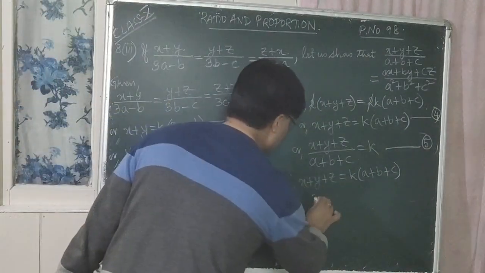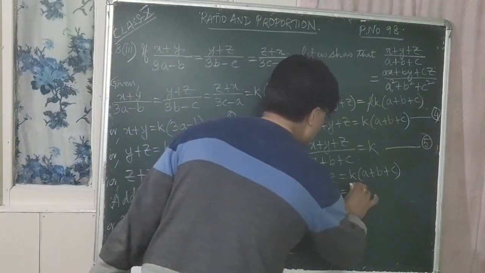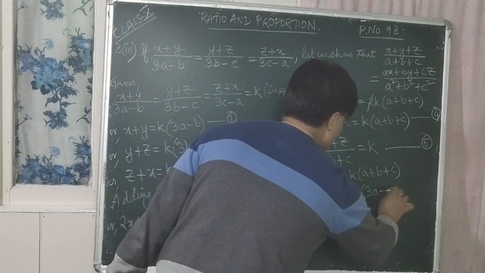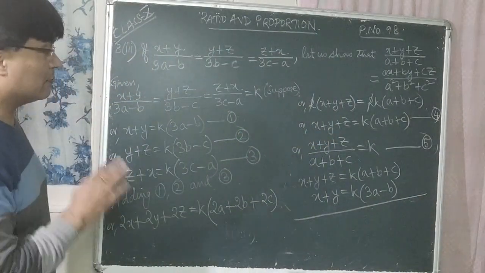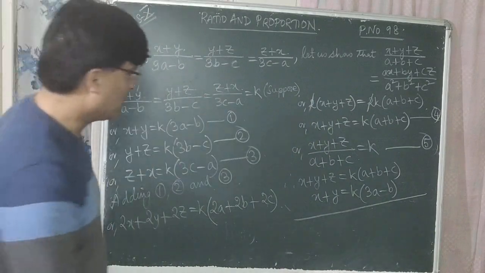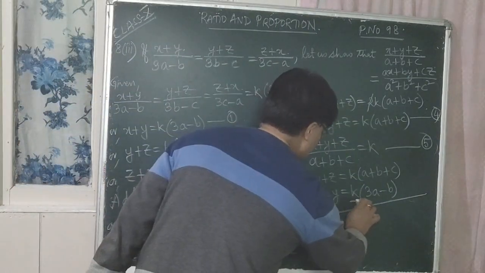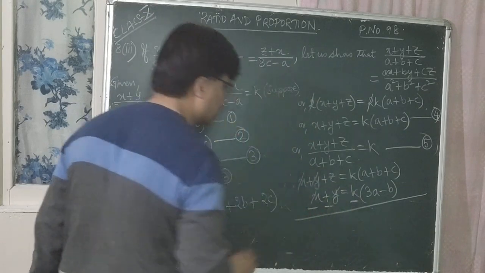Number 1 is x plus y, which is k into 3a minus b. We are subtracting this 1 from 4, so this is minus, minus, and here the x and y get cancelled.